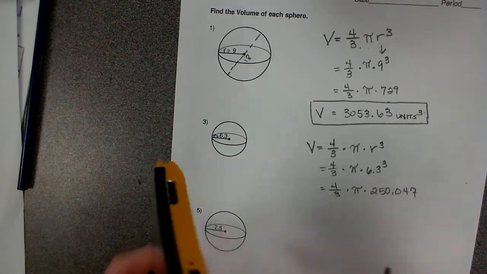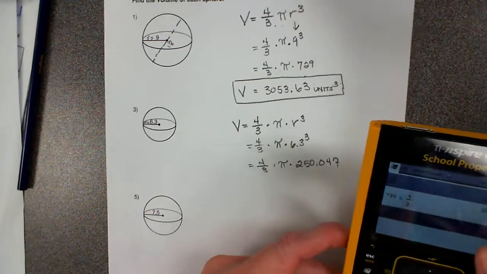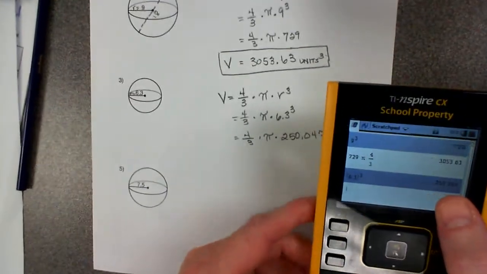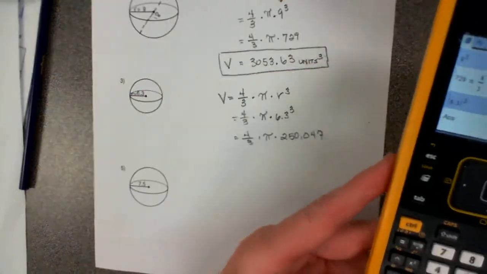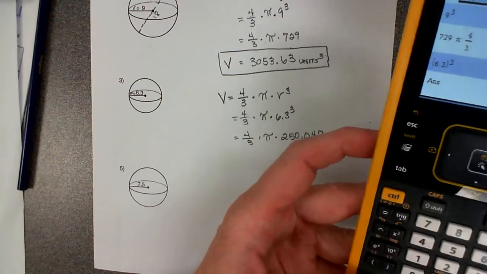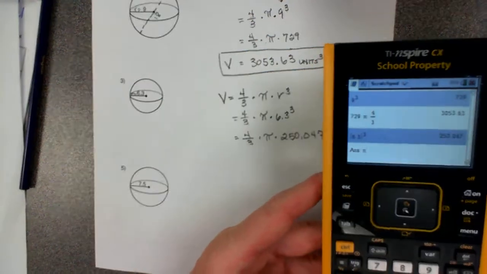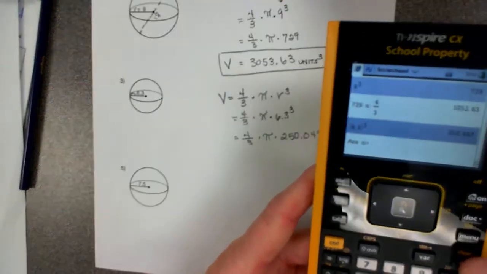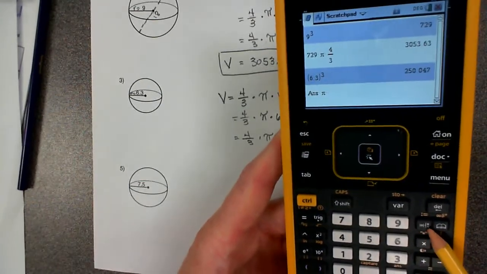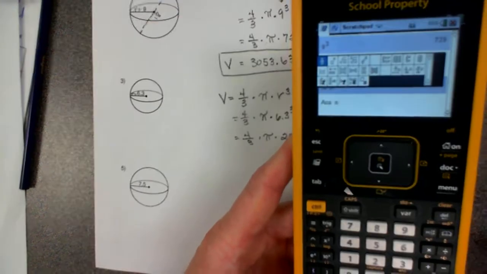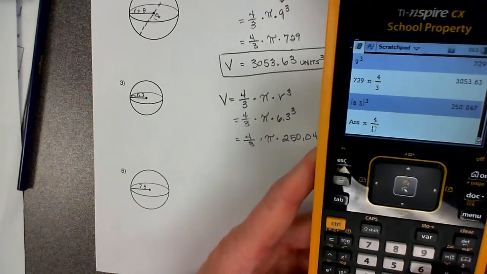And then the final and fourth step is then to simply take this radius cubed amount, which is 250 and some change, multiply that times the pi button down here, and multiply all of that times a fraction, which is right here to the right of that 9, this little button right there. I'm going to need to engage that and say, yep, I want a fraction. And that fraction is going to be, my numerator is 4 and my denominator is 3.